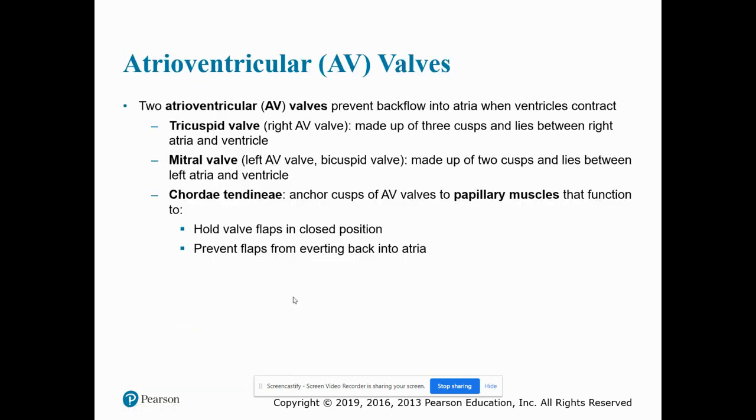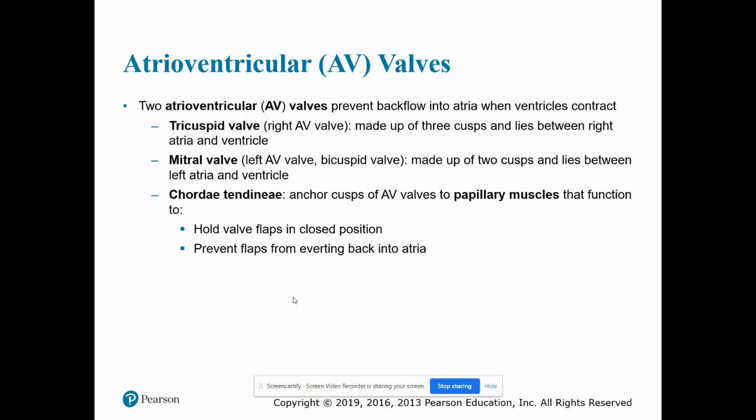All right. We have two atrioventricular valves. Again, they're both going to prevent backflow into the atria when the ventricles contract. Like I just said, the right AV valve is called the tricuspid valve. It's made up of three cusps, and it's between the right atrium and ventricle.